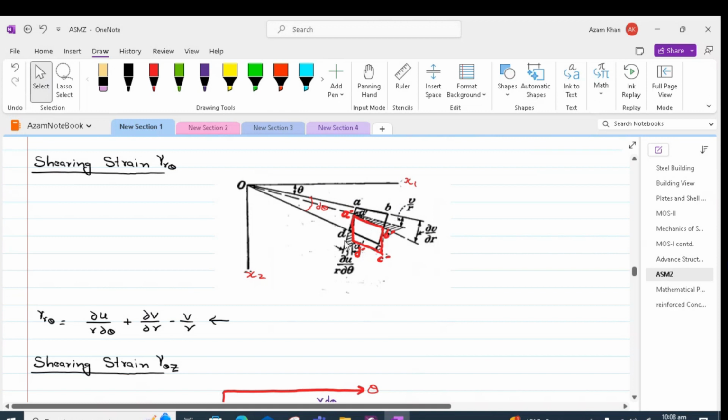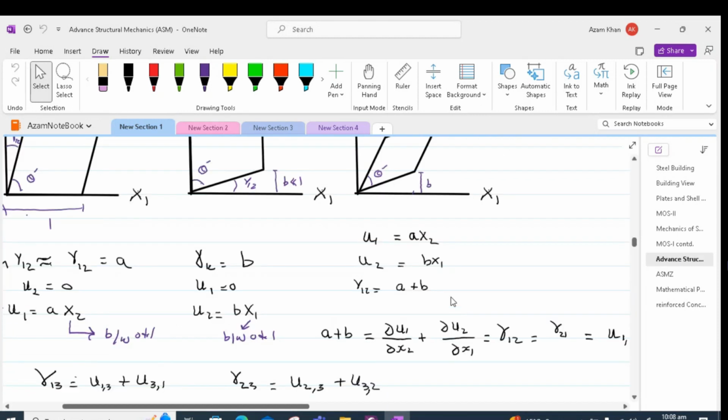Since we have called the displacement in the radial direction u, we can say that this angle is partial u by r d theta, and that has been written over here, partial u by r partial theta, and that is the same thing which we did previously.